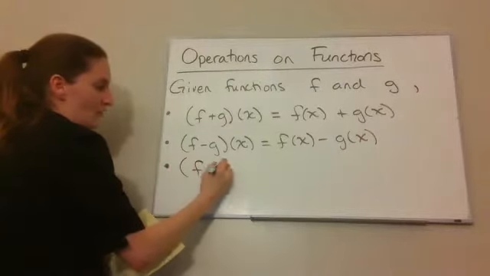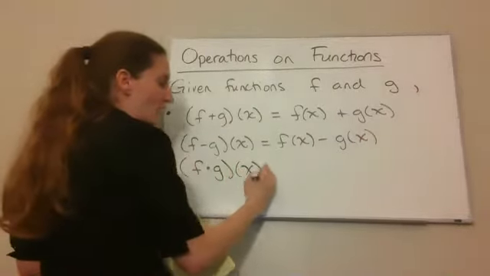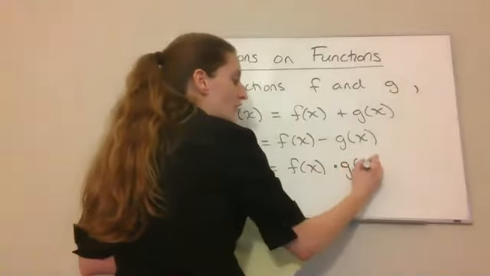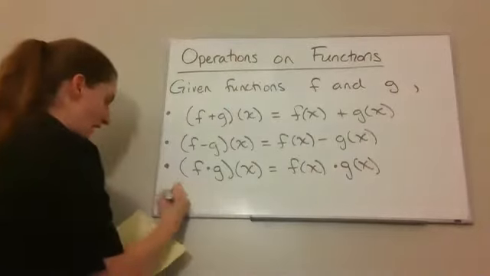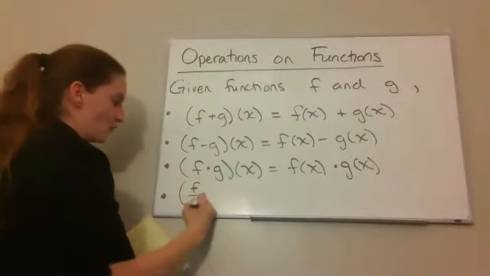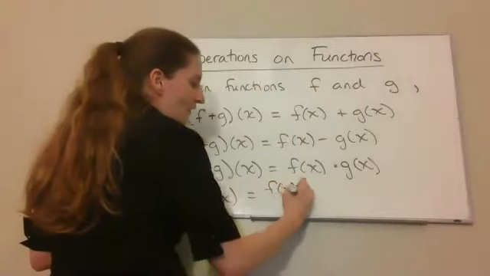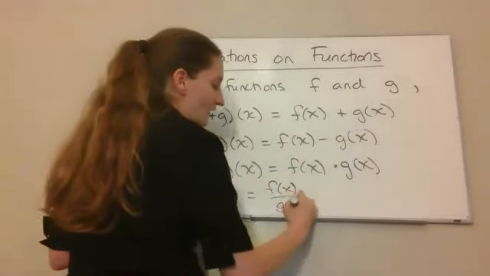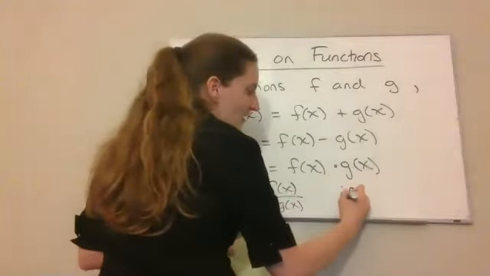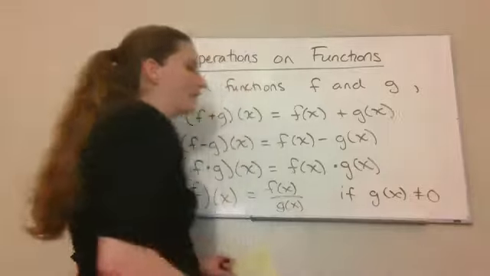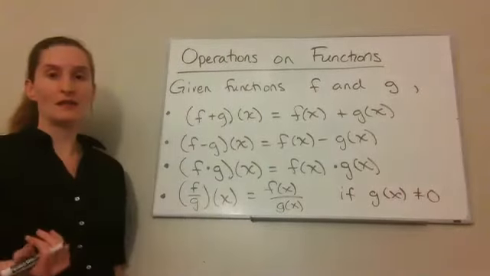The function f times g of x is f of x times g of x. And the function f over g of x is f of x over g of x, provided that g of x is not 0, because of course we don't want to be dividing by 0.